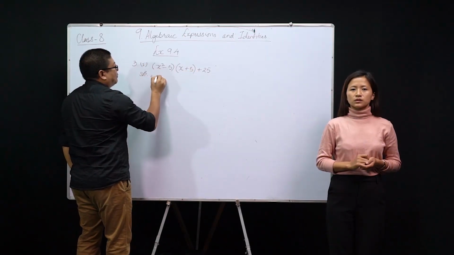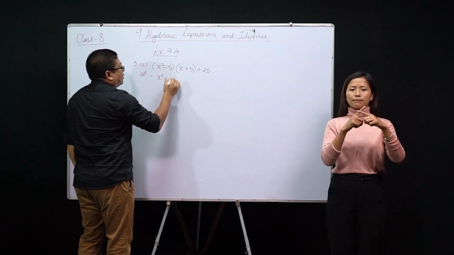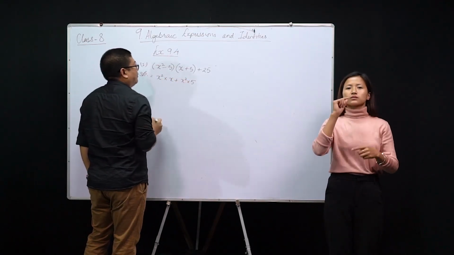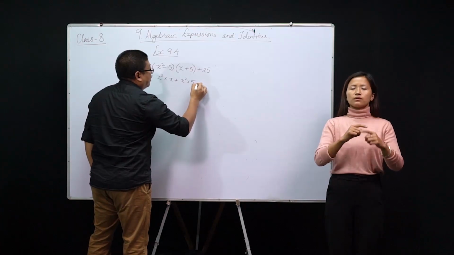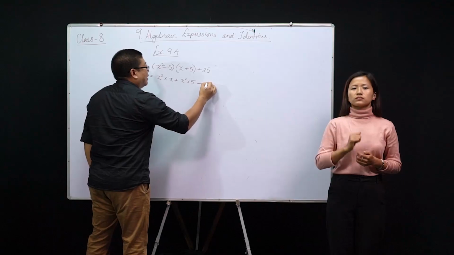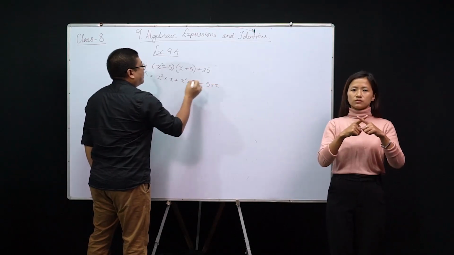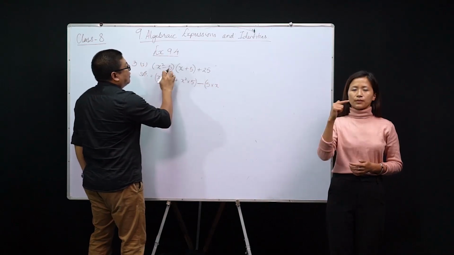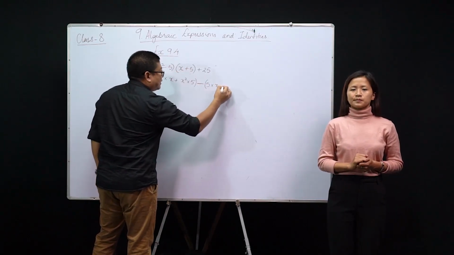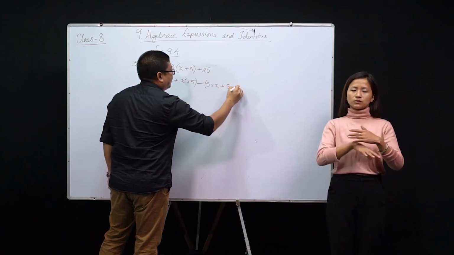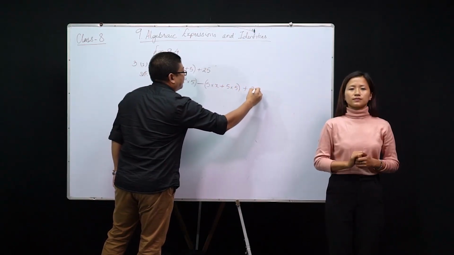So I will directly multiply x square into x plus x square into 5. Now for the second part, minus, because there is a minus here, 5 into x, alright, minus, I'm taking outside, 5 into x, and then there's a plus sign inside, 5 into 5, plus 25.